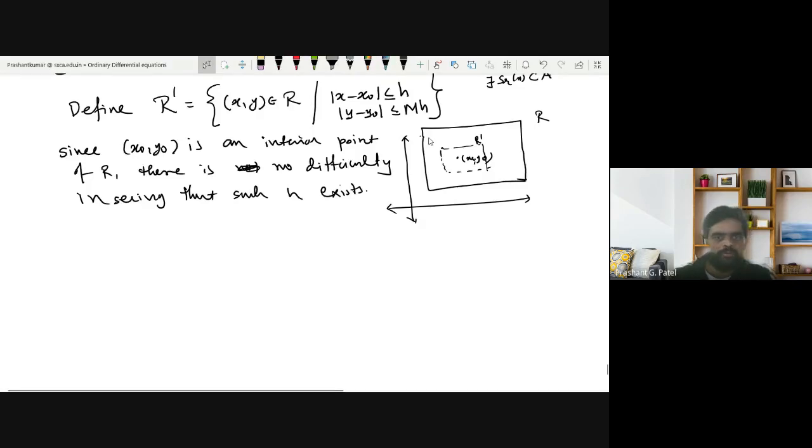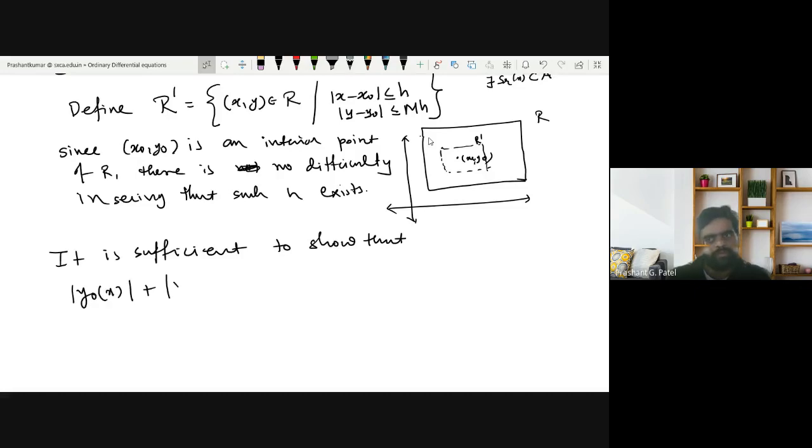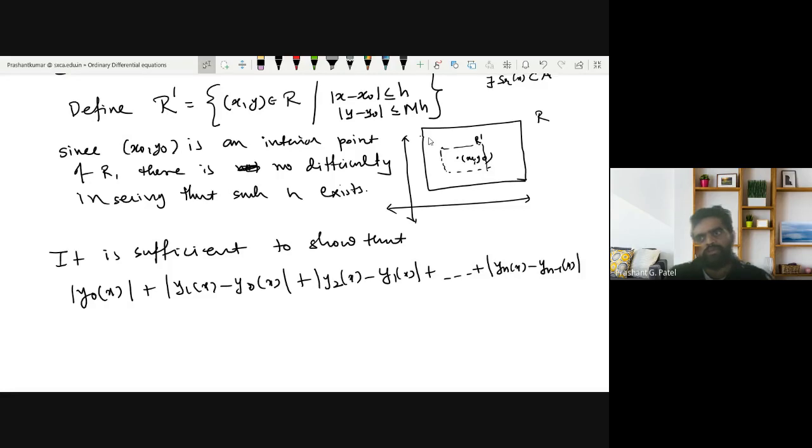So now it is sufficient to show that the series mod of y0 plus mod of y1 of x minus y0 of x plus mod of y2 of x minus y1 of x, and so on, mod of yn of x minus yn minus 1 of x, and so on, converges.